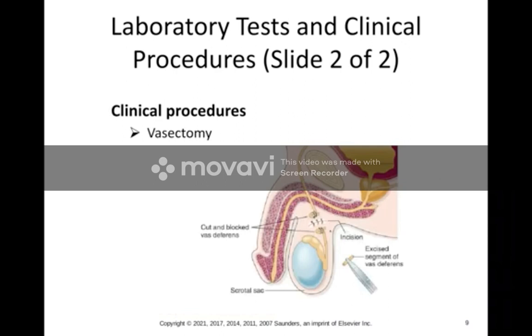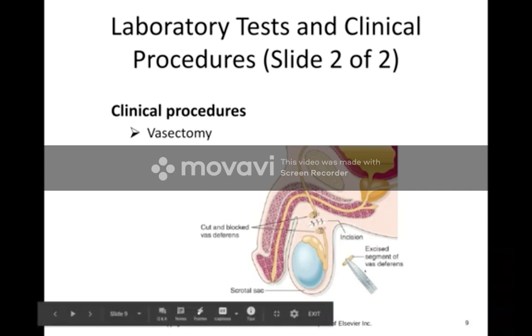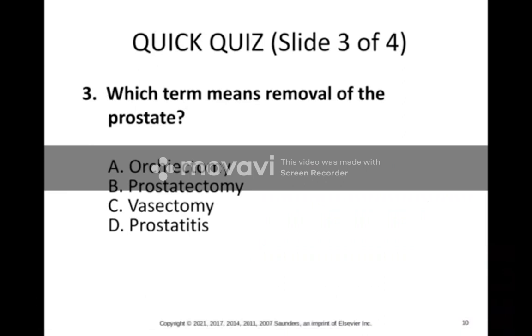That is when the physician makes an incision right here, cuts, blocks off both ends of the cut vas deferens, removes the excised segment, and sutures it back up. So that is a form of sterilization.